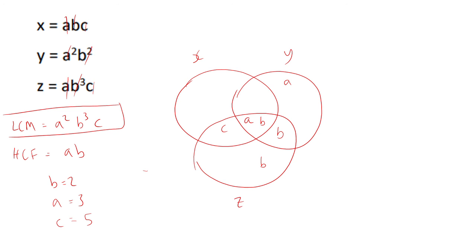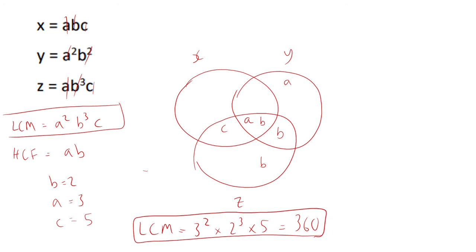So we have an LCM of 3 squared times 2 cubed times 5, and that gives us an answer of 360. So 360 is the lowest possible LCM of x, y, and z.